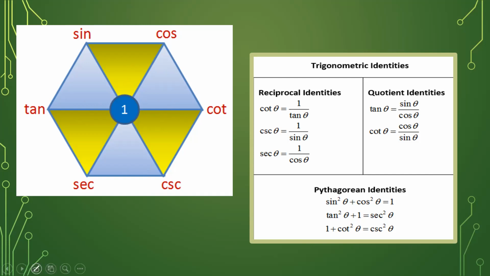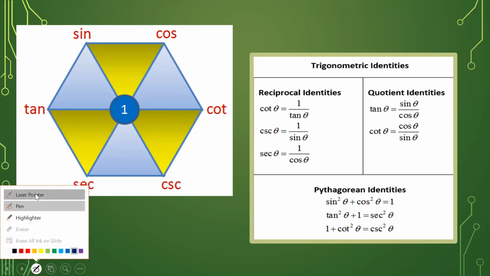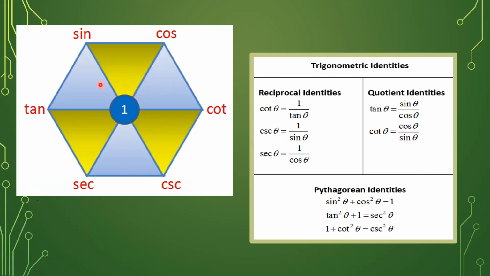Let me get the laser pointer again. We start with the tangent, the basic ones: sine, cosine, and tangent. Tangent is equal to sine over cosine.